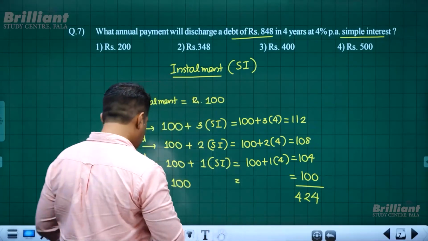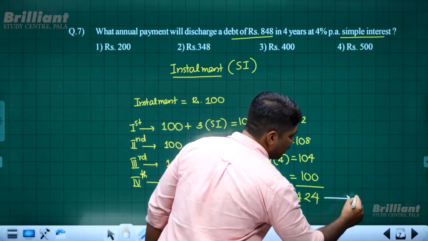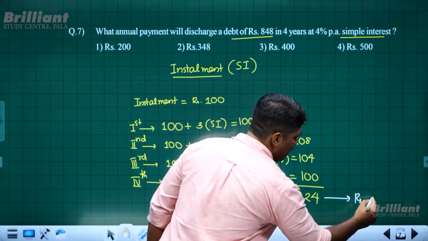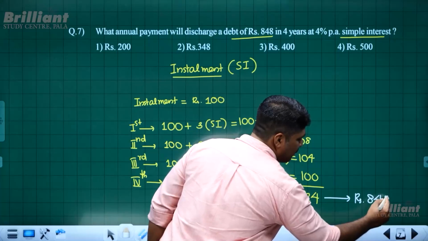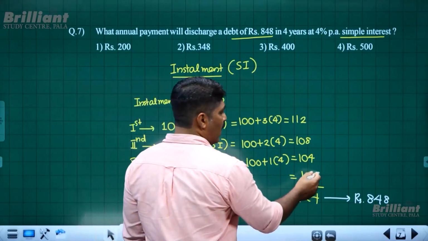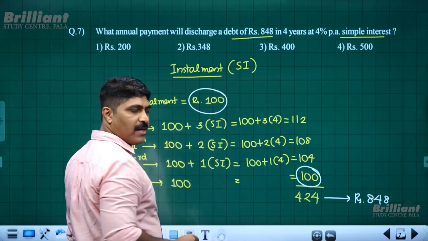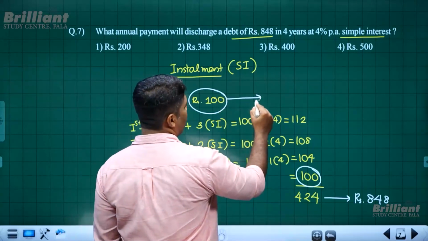But actually what happened? Your total debt is rupees 848. If your total debt is rupees 848, as per our assumption, what is our installment? Installment is 100. So then 100 is how much?